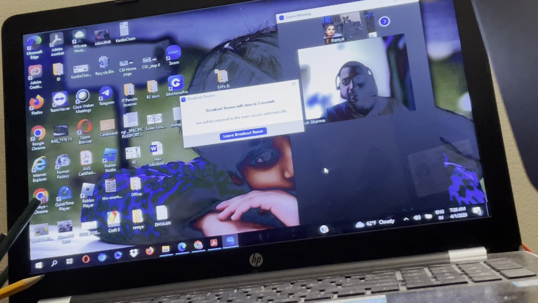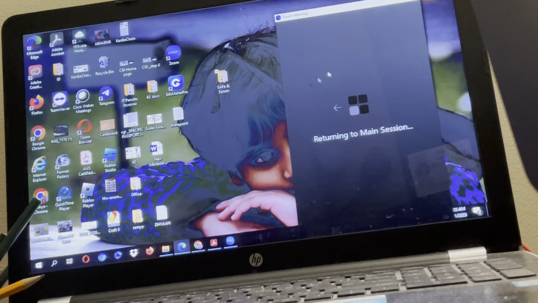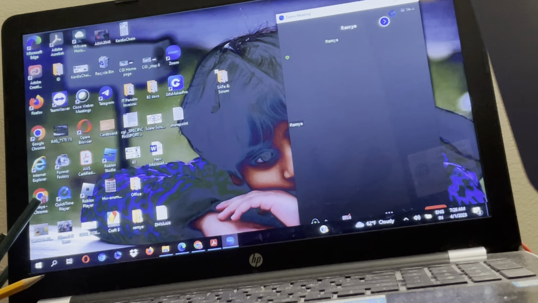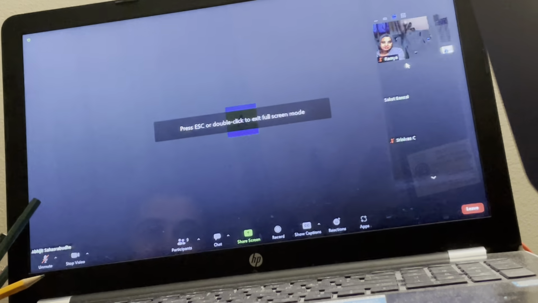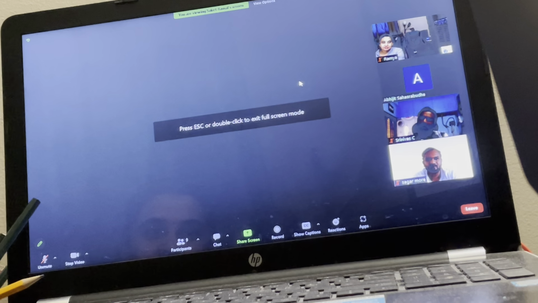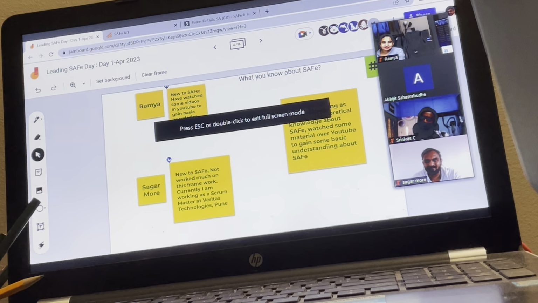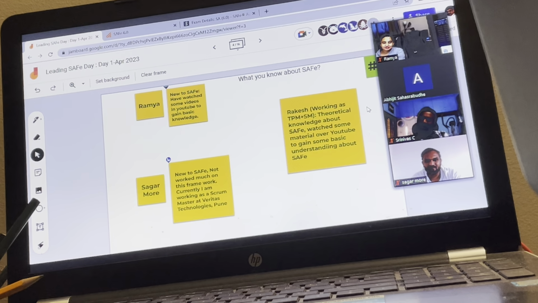Okay, great. Yeah, let's move back to the room. Maybe trying to understand more about the SAFe main room and all practices. But great, I see that most of us are on the same level.